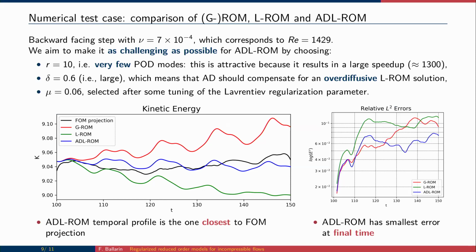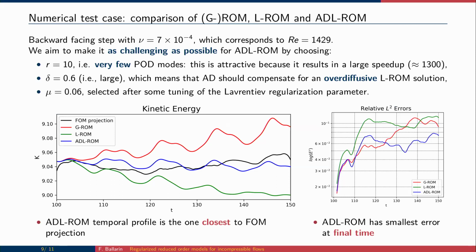In black, there is the kinetic energy of the finite element solver. In red, there is the kinetic energy of the standard ROM, and you see that it is increasing when it shouldn't. In green, there is the kinetic energy of the first regularized ROM, the one by Leray.